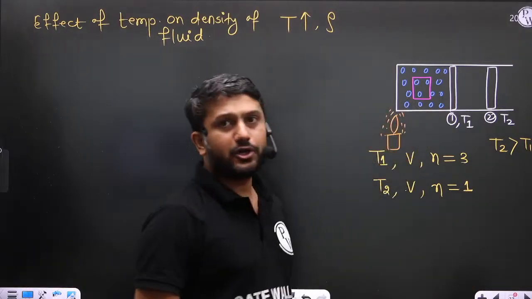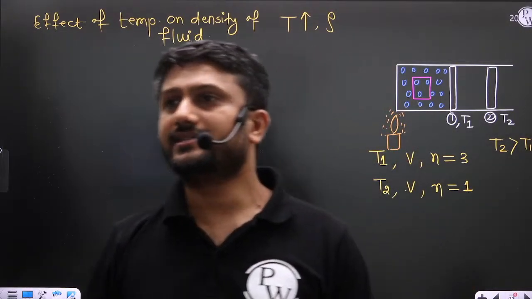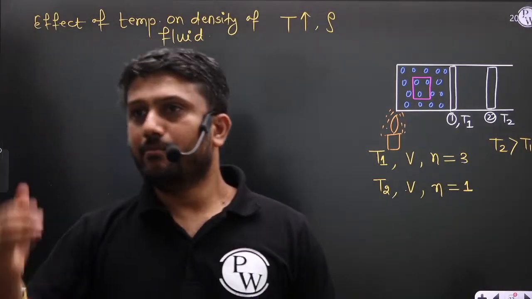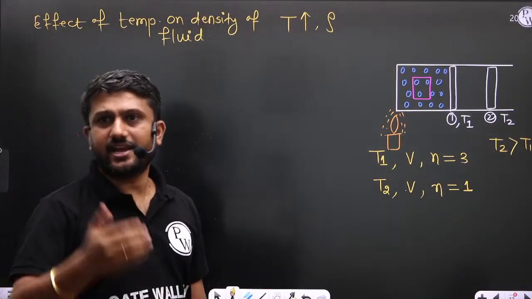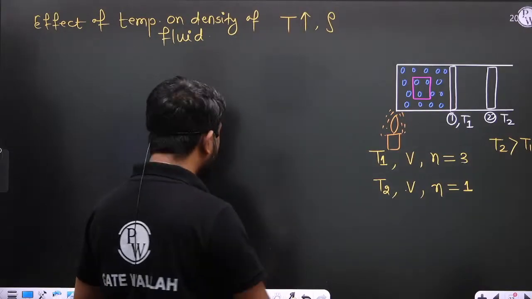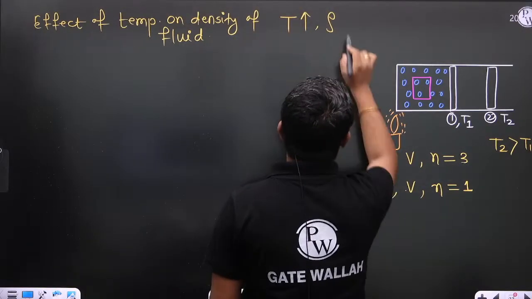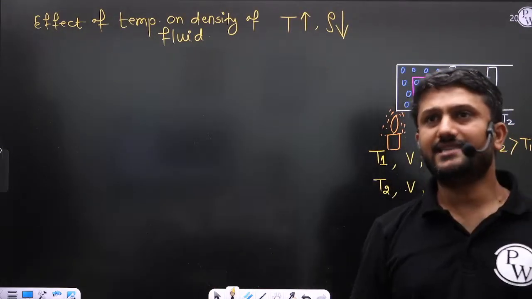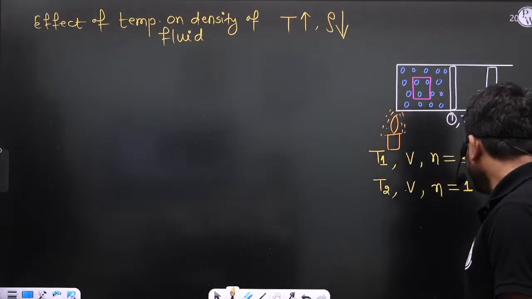So the number of molecules decreases, that means mass decreases, na? In a given volume, mass decreases, that means density decreases. So when you increase the temperature, density decreases. Right? Is it clear to everyone?